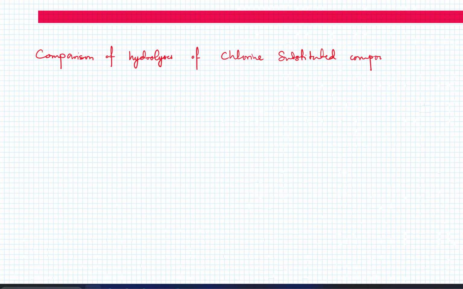So the next thing that we're going to do will be called hydrolysis, the comparison of hydrolysis of chlorine substituted compounds. अच्छा अब इसमें ये कि there'll be 3 chlorine substituted compounds.